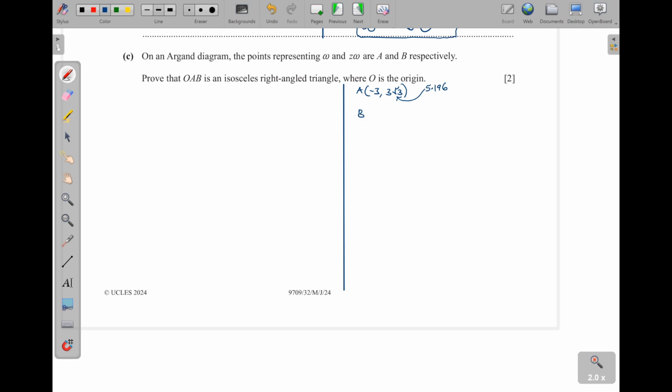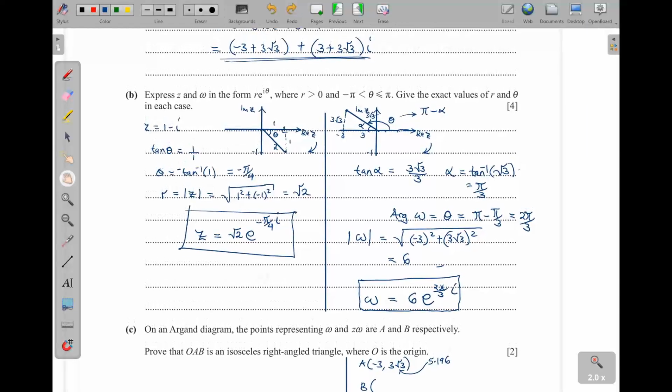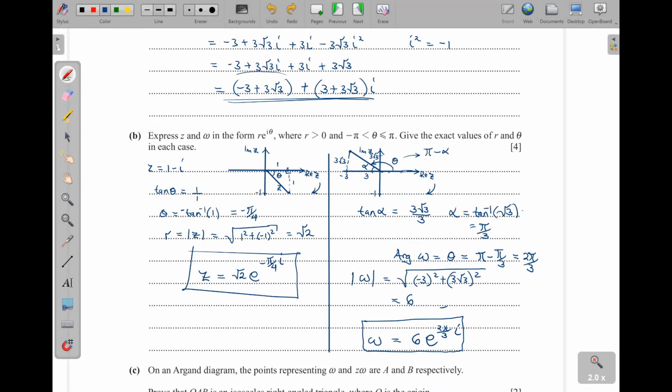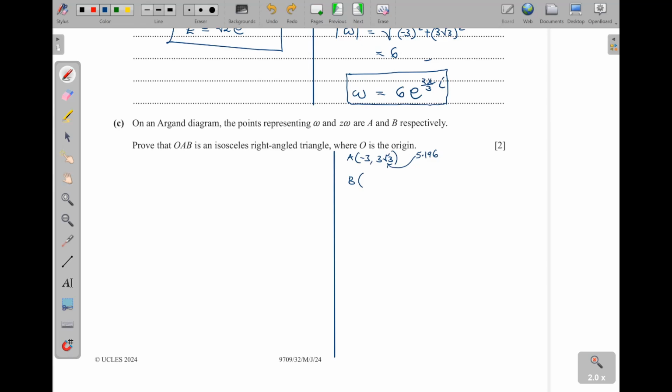Then how about B? B is representing z omega, and for z omega, we got it up here. So the real part is -3 plus 3 root of 3, and the other one is 3 plus 3 root of 3.